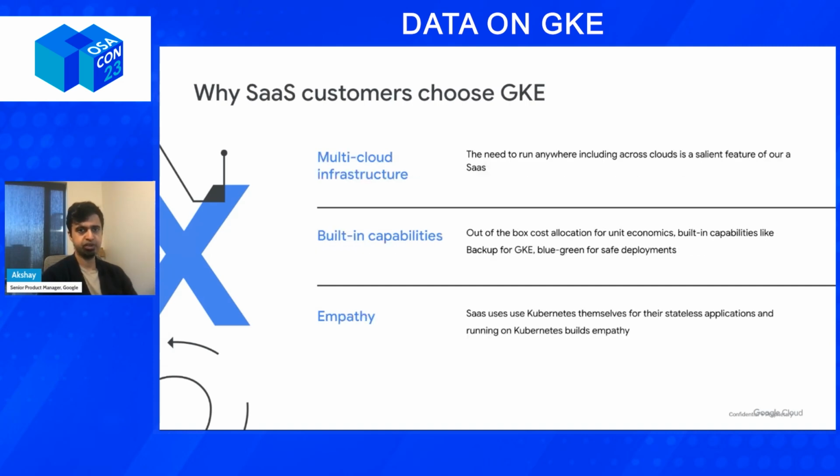running on stateful. We also see SaaS customers themselves run on top of Kubernetes. Let's say your Alinity or MariaDB or even Databricks, for example, they run on GKE as well. You want to essentially have a deployment that is multi-cloud, because you have customers in AWS, you have customers in Azure, you have customers in GCP.